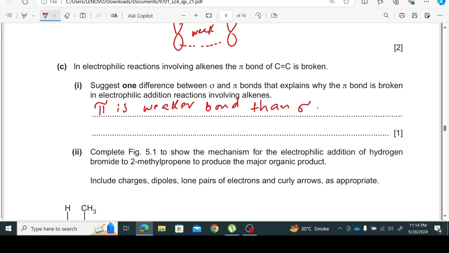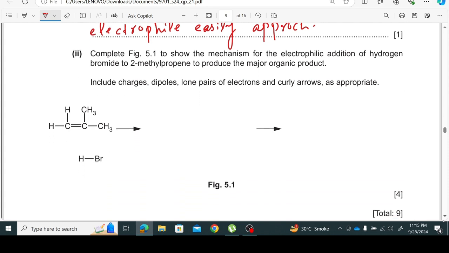So an electrophile easily attacks on them. Electrophile easily approaches. Okay, so pi is a weaker bond because of this side to side overlap. Okay, it is the reason. It is weak bond. Okay, complete.